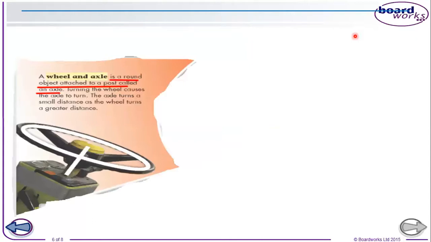Let's start with wheel and axle. All of you repeat it. Wheel and axle. From its name, a wheel. Look at the picture here. Here we have a wheel, and here in the middle between two wheels you have the axle. Again, here we have the wheel, and here you have the axle.